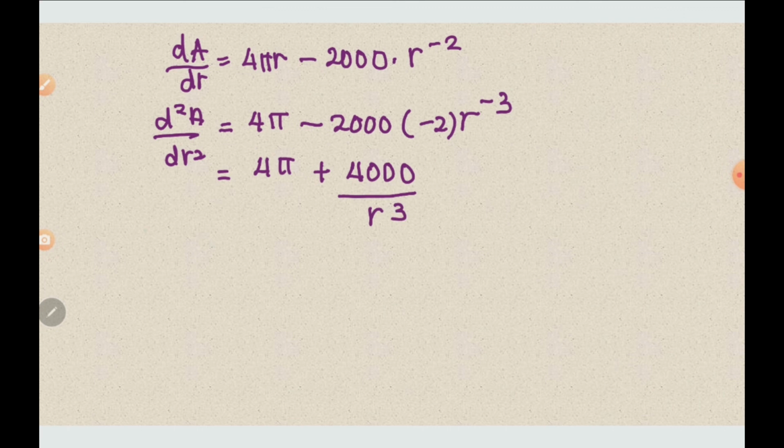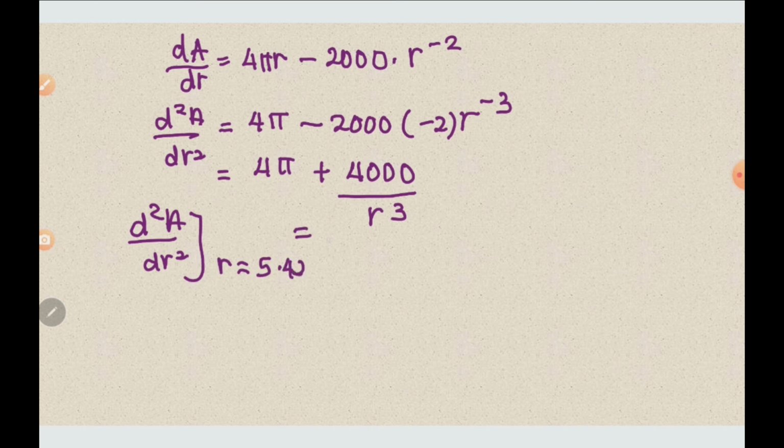Now we will substitute the value of r equals 5.42 into d squared A/dr squared.